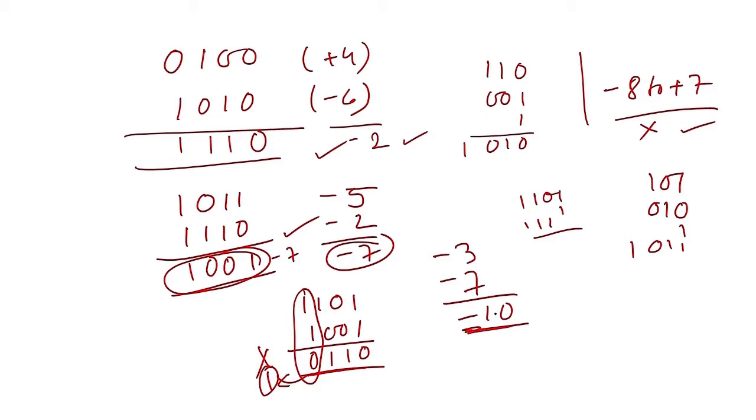So, the result will be valid only if the range is satisfied, minus 8 to plus 7. In the earlier example, we saw minus 7 minus 3 coming as minus 10. Similarly, if you add plus 7 plus 3, it will come as plus 10.